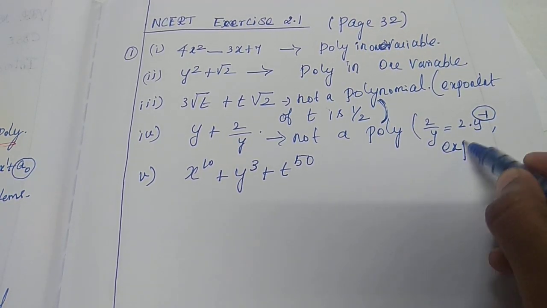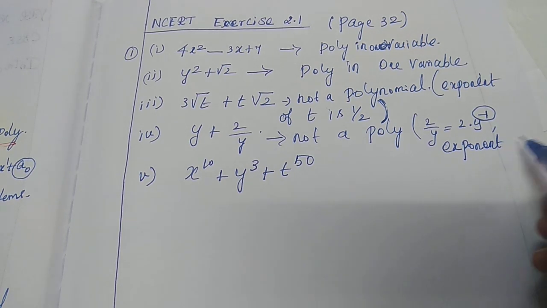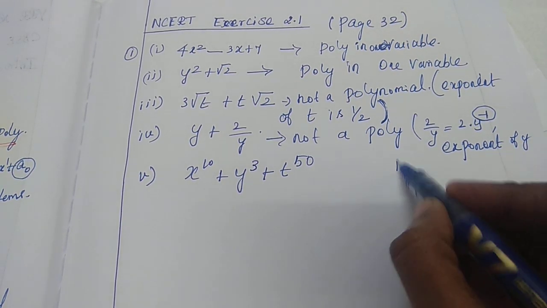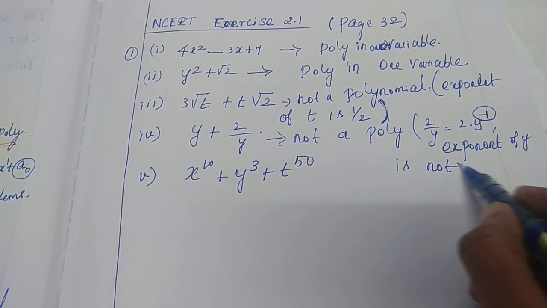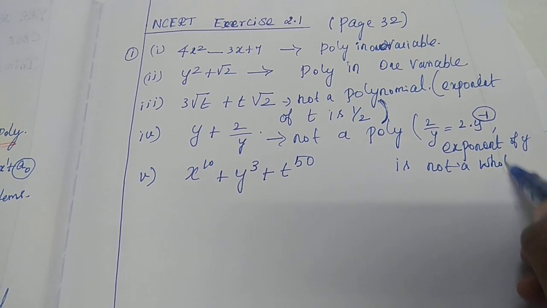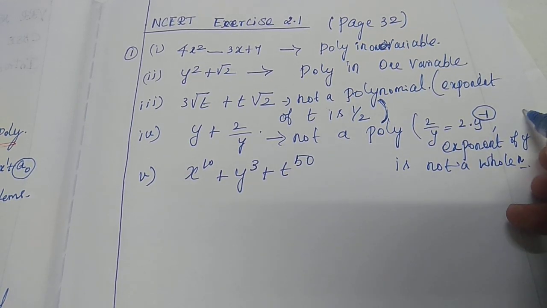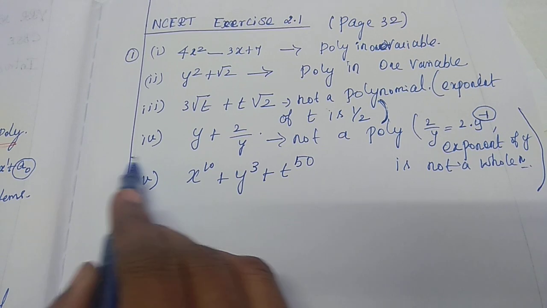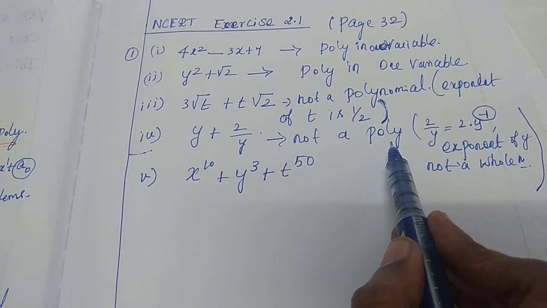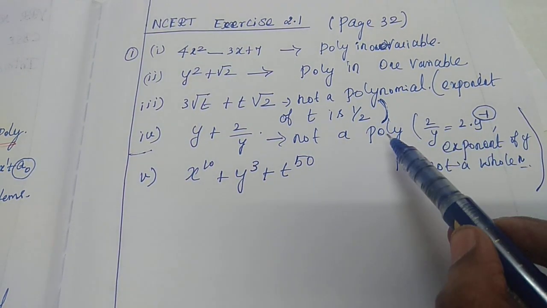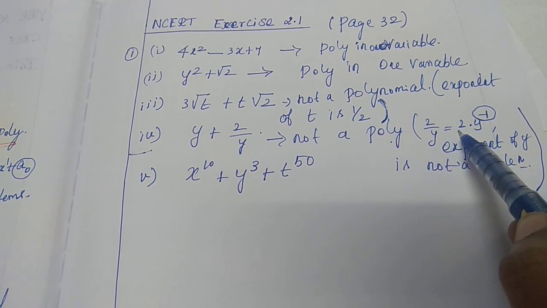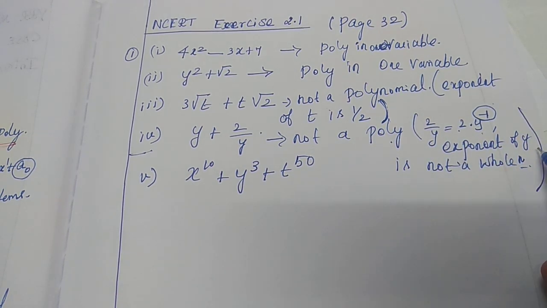Write the reason: the exponent of y is not a whole number. Division number 4 is not a polynomial. The reason is the second term 2 by y is equal to 2 into y inverse, and the exponent of y is not a whole number.